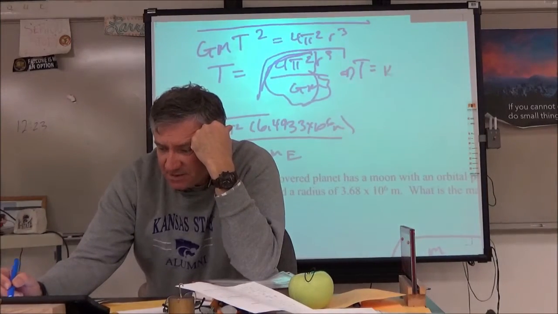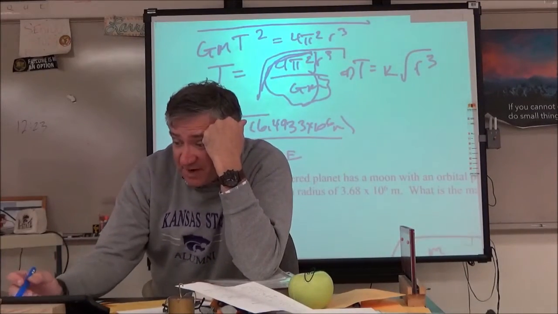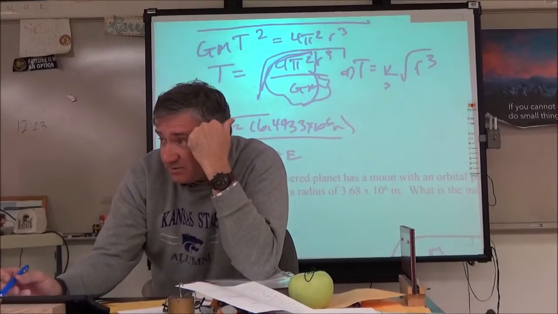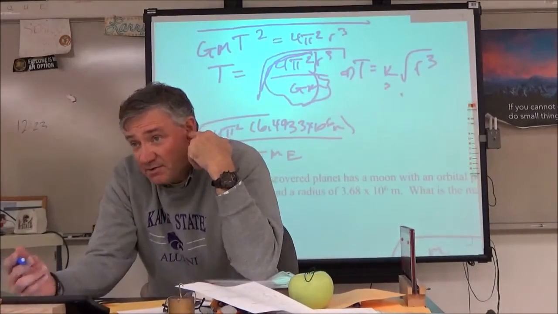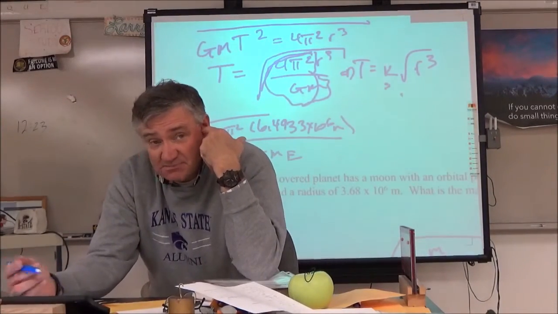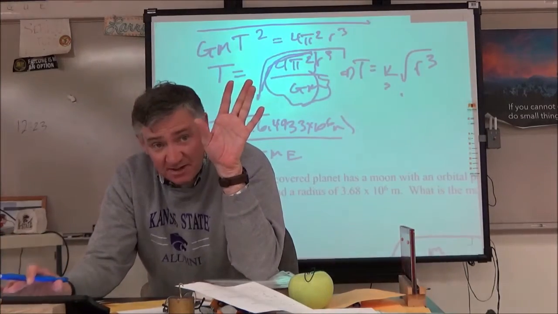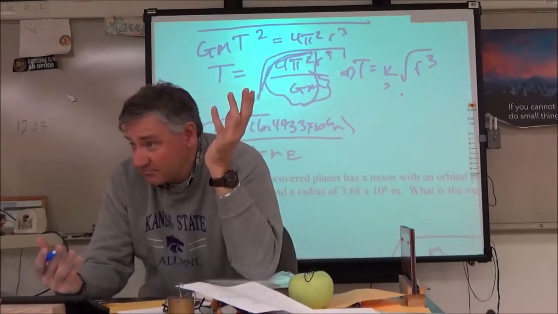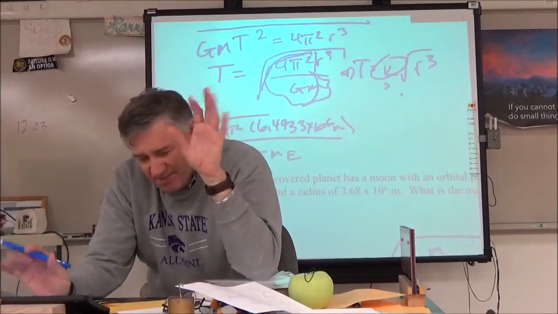That would just be some constant times r cubed. So then if you have that constant, you just have to take the square root of r cubed and multiply it by that constant. Boom, it would save you punching in 4 pi squared over big G mass of the Earth every time. But if you're doing this calculation a lot, like you're an engineer that does satellite calculations, yeah, just have that K by itself. This one, probably not so much.